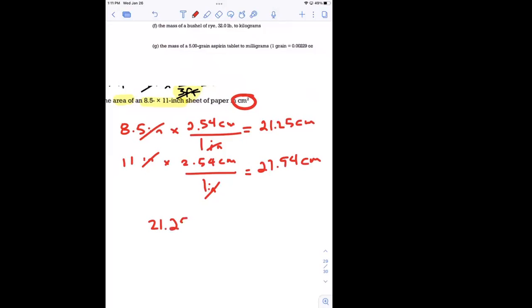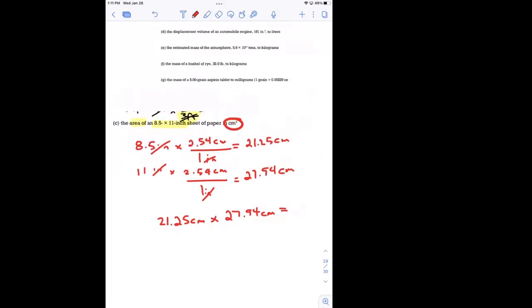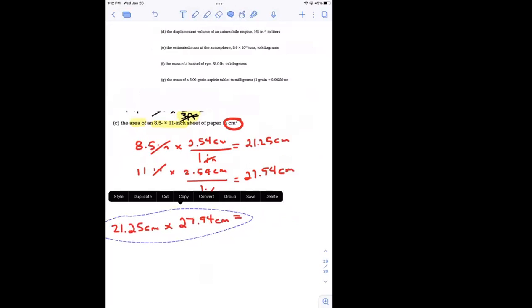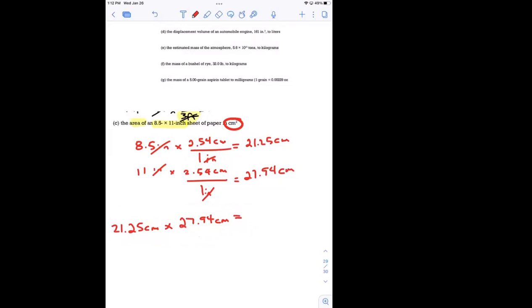So 21.25 centimeters times 27.94 centimeters is going to give me the area of that sheet of paper in centimeters squared. Can somebody calculate that? 593.725.